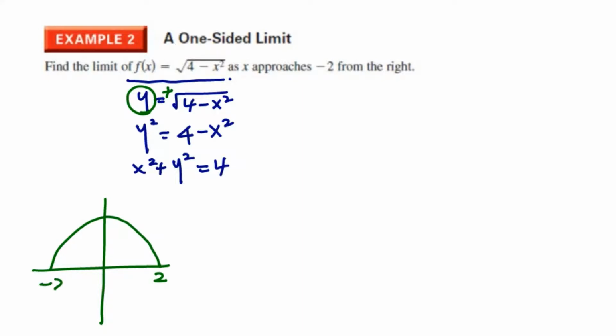If x approaches negative 2 from the right, then the answer is 0. The notation for this limit is x approaches negative 2 from the right, because it doesn't have the limit as x approaches from the left. It doesn't have that because it's a semicircle.